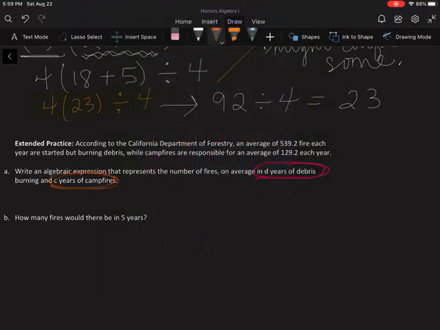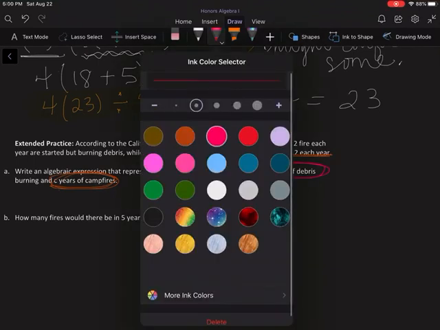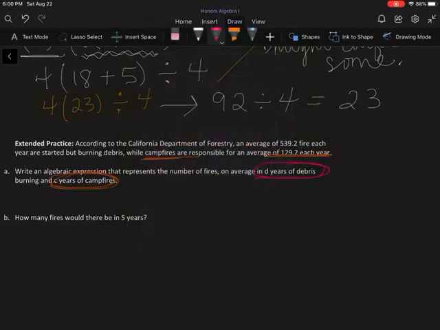Let me erase that and circle that with a different color. C years of campfire. So if I come back up here, this represents campfires, right? And this represents debris. So I'm going to go ahead and plug in as follows.